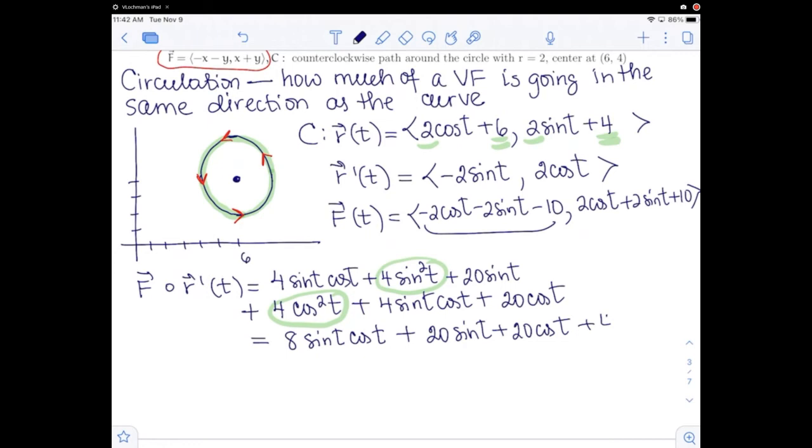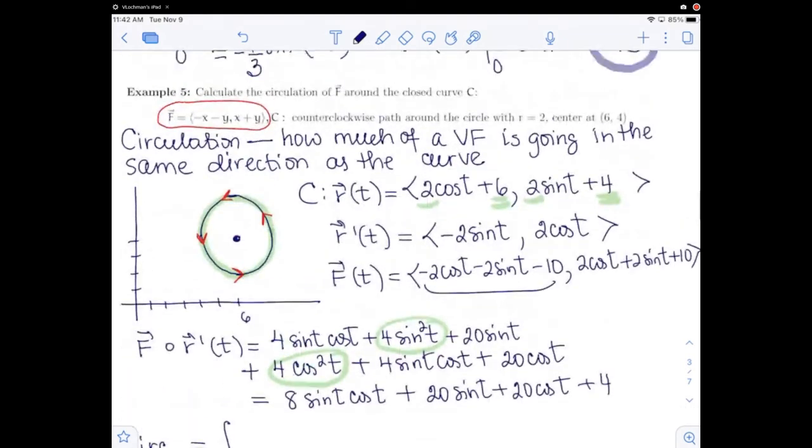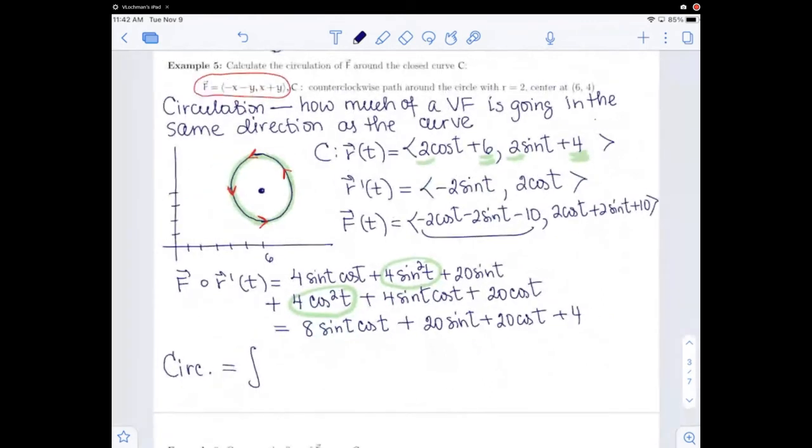All right, and this function is easy to integrate. So what is the integral now? This is our circulation. So let me write it. Circulation of the vector field F around this curve. What is it? It is the integral. Where are we going? We're going from 0 to 2 pi, so that's our circle right here. We go from 0 to 2 pi for t.